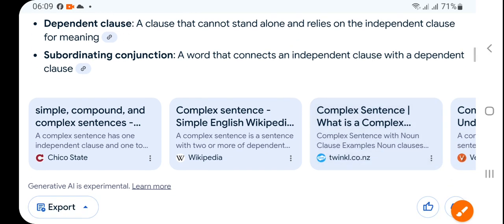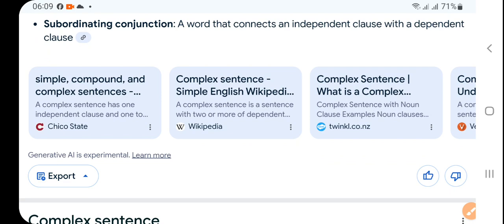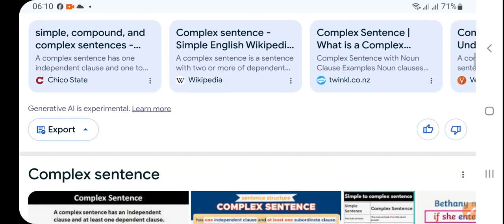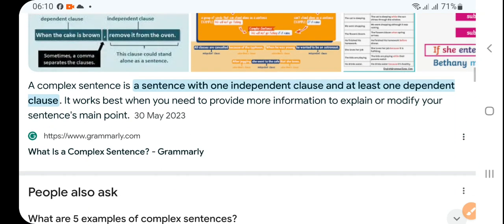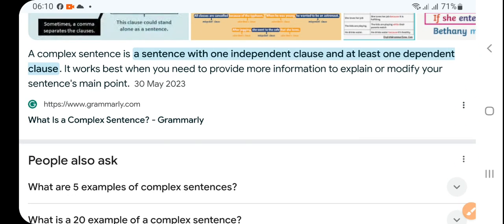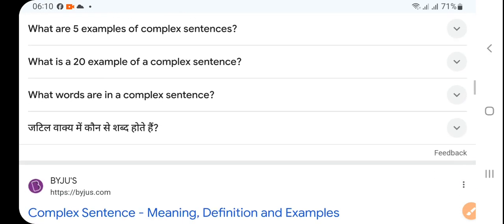And a dependent clause is a clause that cannot stand alone and relies on the independent clause for meaning. Then a subordinating conjunction is a word that connects an independent clause with a dependent clause. So that word is called a subordinating conjunction, right? So this is very important. Now a complex sentence is a sentence which has one independent clause, we have already discussed.